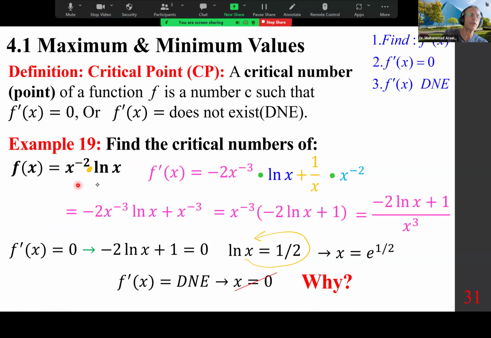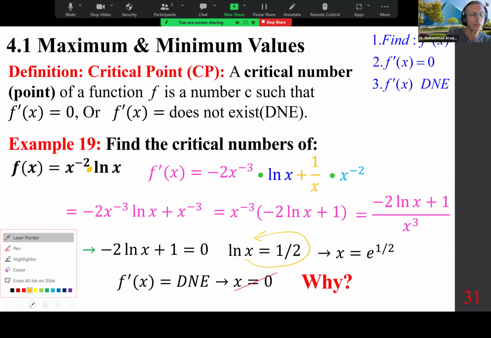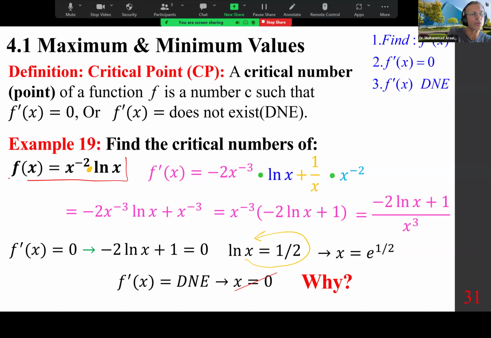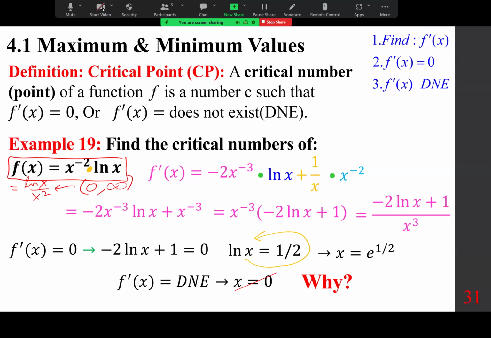It's not part of the domain of f of x. What is the domain of f of x? Remember, it's ln x over x squared. For ln x, the domain is 0 to infinity. So the domain for f of x, and let's rewrite it as ln x over x squared, is 0 to infinity. So 0 is not part of the domain. That's why.